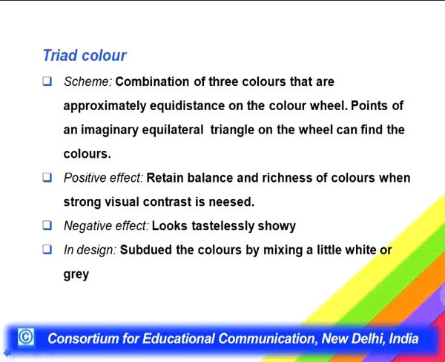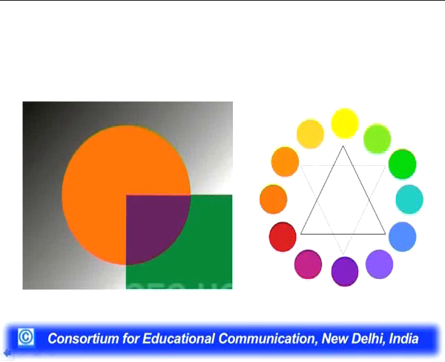Take this example, see the color wheel, and we have drawn that triangle. The triangle is showing the colors: the top is yellow, the left side orange, red, and the right side is blue. This is the color scheme.